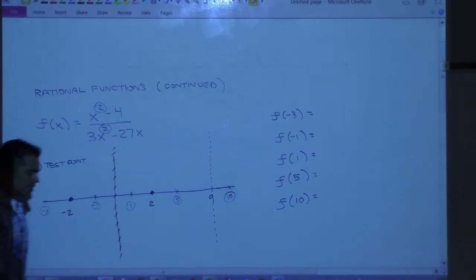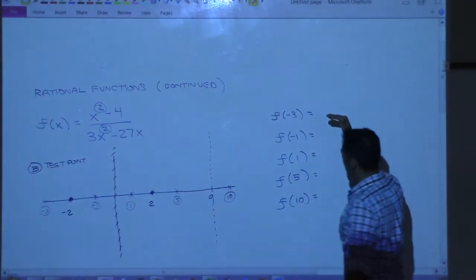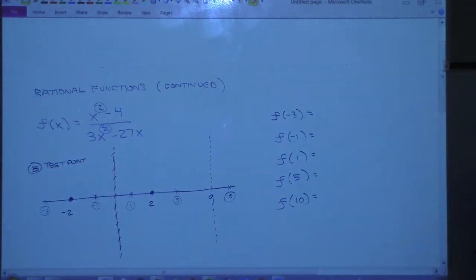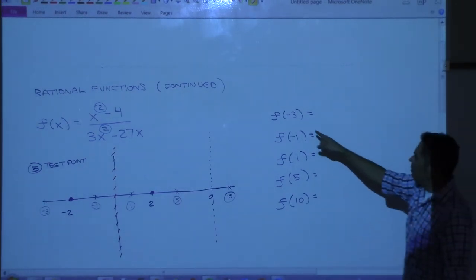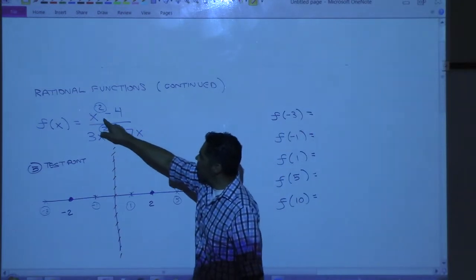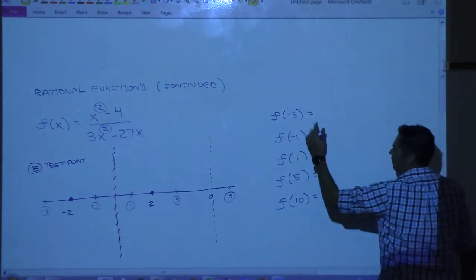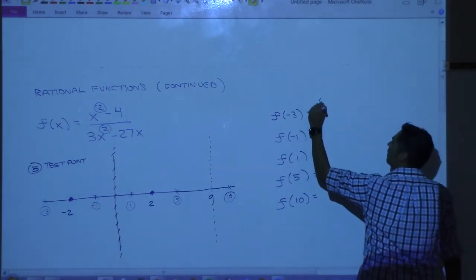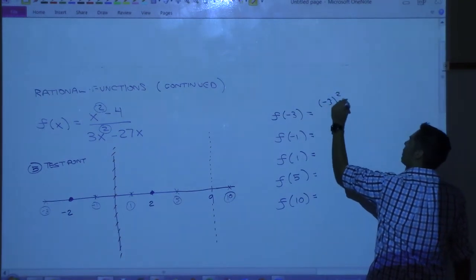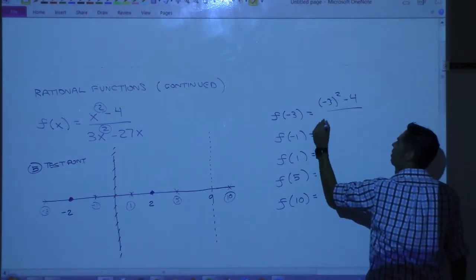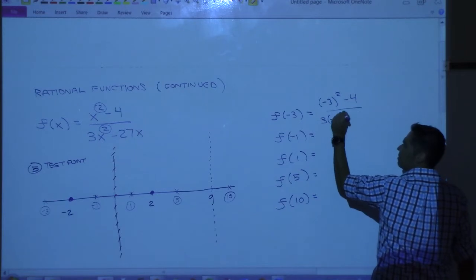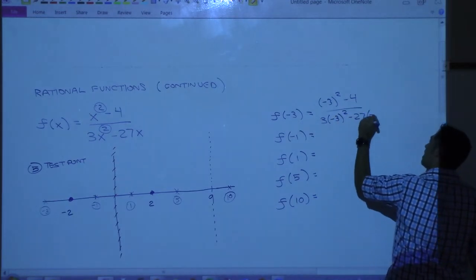Okay, so yeah, this is your life right now. It sucks. You have to plug in 5 different numbers into the function. So let's try negative 3. I'll do the first one in detail, but after that I'm not going to show as much detail. Negative 3 squared minus 4 over 3 times negative 3 squared minus 27 times negative 3.